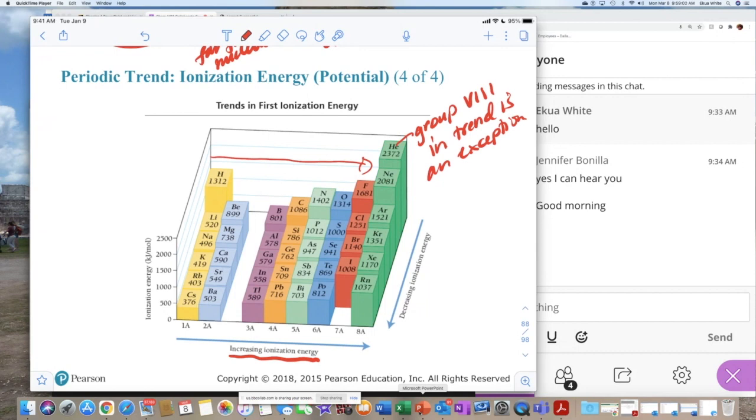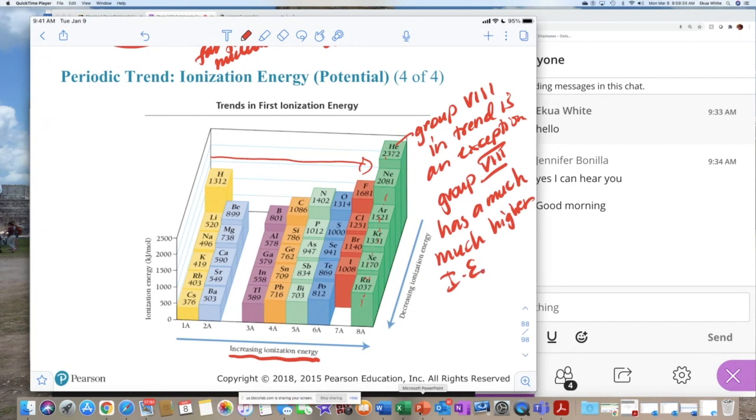But if you're looking at group 8 alone, do you see how from left to right it kind of decreased, right? Then when you got to group 8, the green part here, I don't know if you can see green, it's really high. So group 8, remember, they were the ones that were inert, they don't react with the other elements. So group 8 has a much, much higher ionization energy.